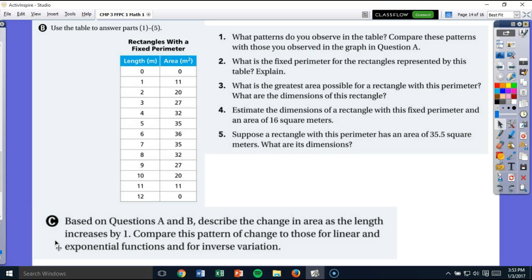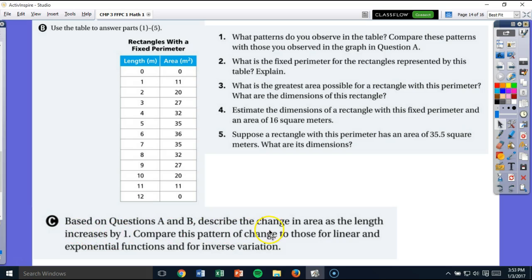And I really want you and your teammates to talk, discuss, disagree, and come up with ideas and patterns that, based on questions A and B, describe the change in area as the length increases by 1. So as our independent variable increases by 1, how is that affecting our dependent variable?